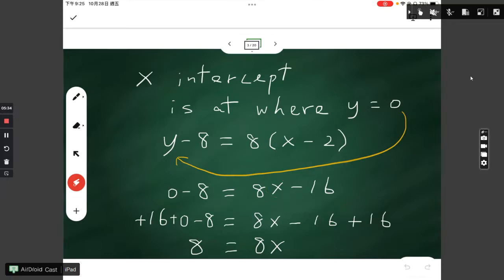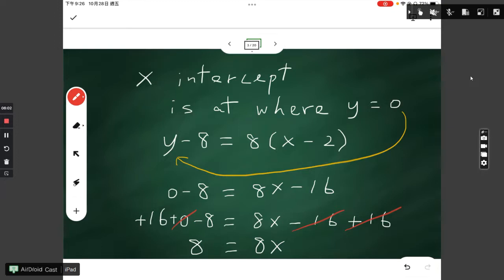We're going to add 16 to both sides. Adding 16 to the 0 minus 8 on the left, and also adding 16 on the right-hand side, so this equality still holds. The 0 is redundant and disappears. On the right, you have a minus 16 and a plus 16; these two cancel out.